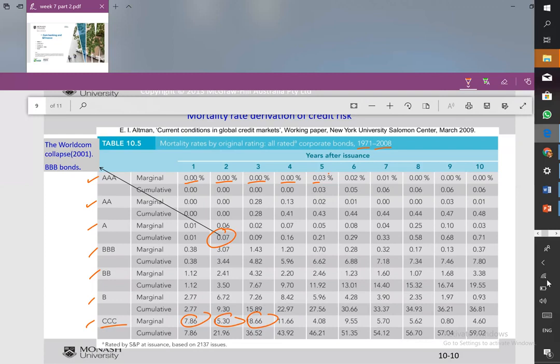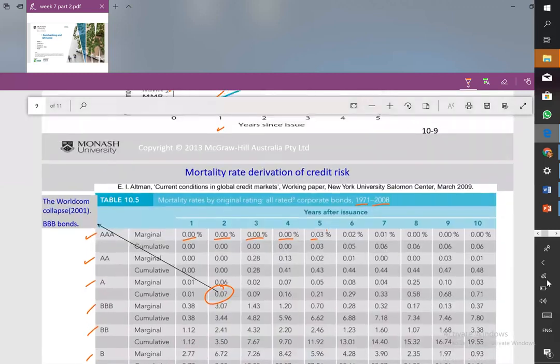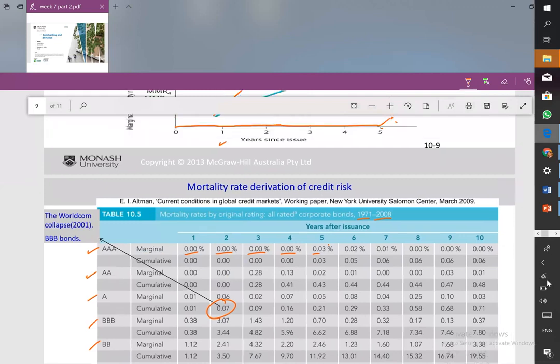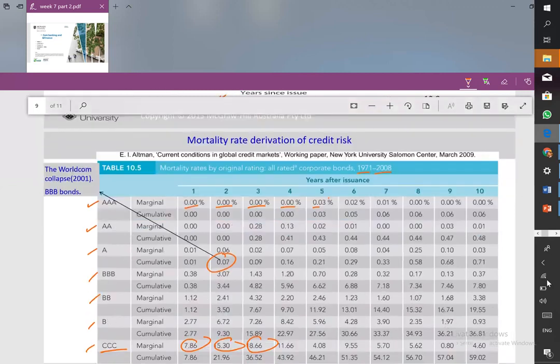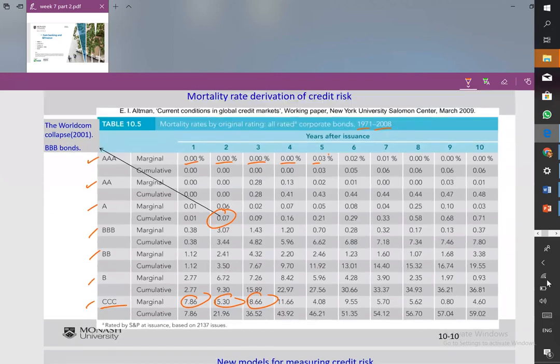This is the last 10 years, I think, from 2001 to 2009. They defaulted in this year, 2001, when they defaulted actually. So if this is from 2000 to 2009, this is when they defaulted during that crisis.